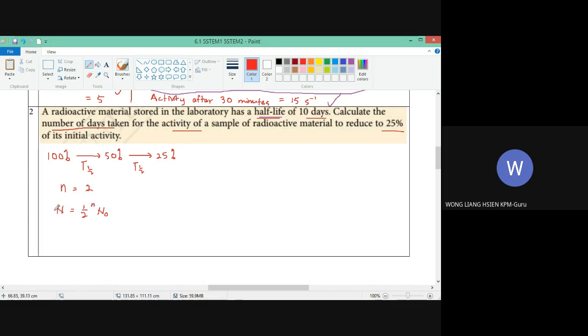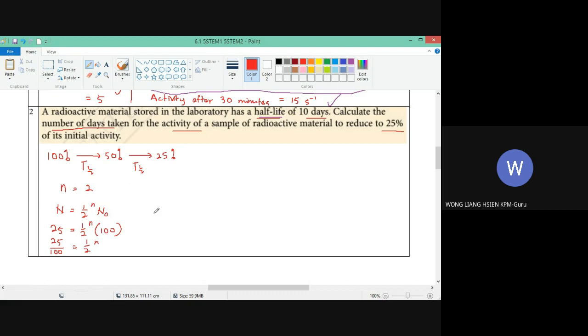The final activity is 25%, (1/2) to the power n, and the initial is 100%. So for 100%, after n half-lives, it reduces to 25%. So you have to do the calculation: 25 over 100 equals (1/2)^n.